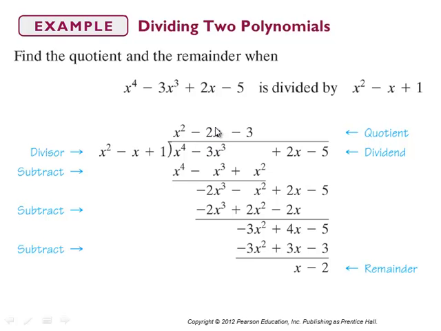The answer is negative 2x. Multiply, subtract, and so forth. Point here is that you just keep on plugging along until you get this resulting polynomial down here that's a smaller degree compared to the divisor. So you have the quotient of x squared minus 2x minus 3 with a remainder of x minus 2.